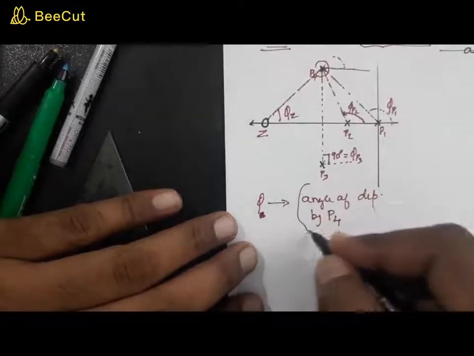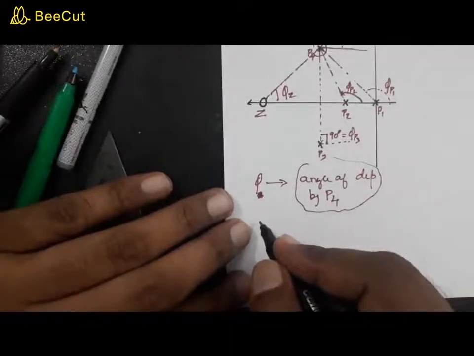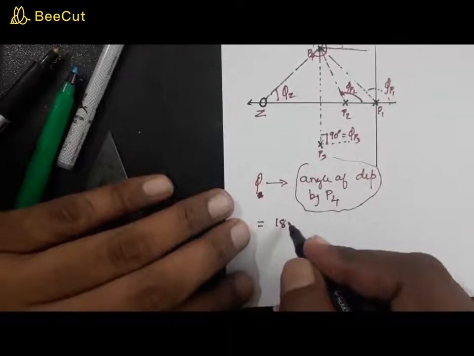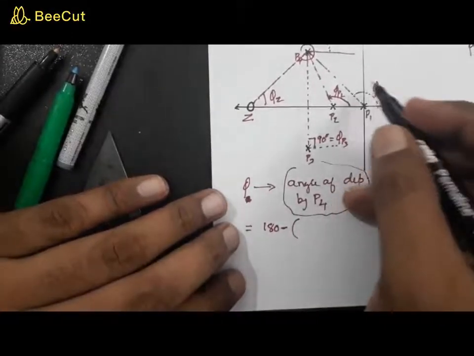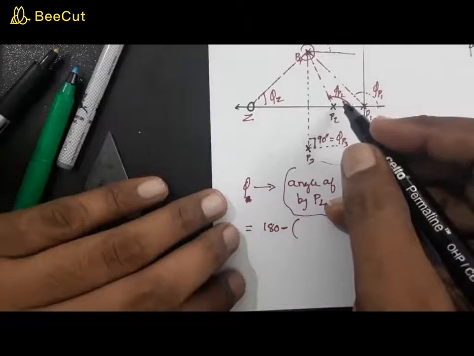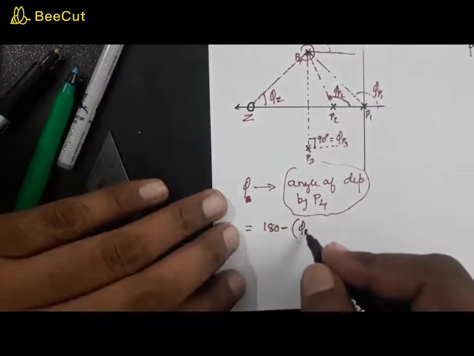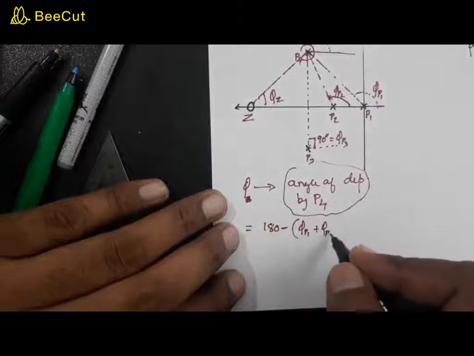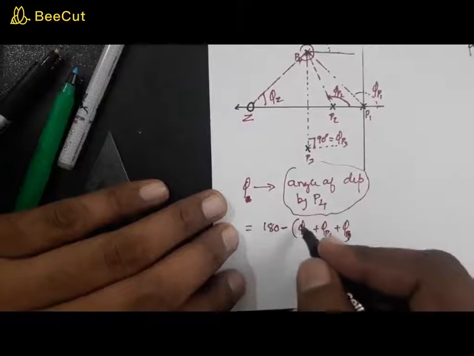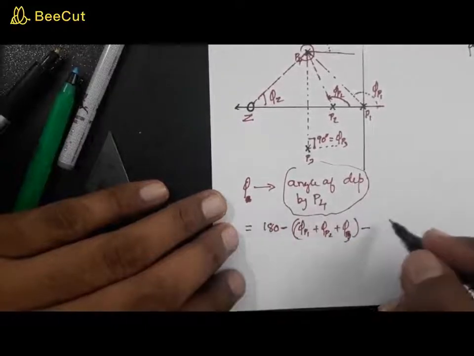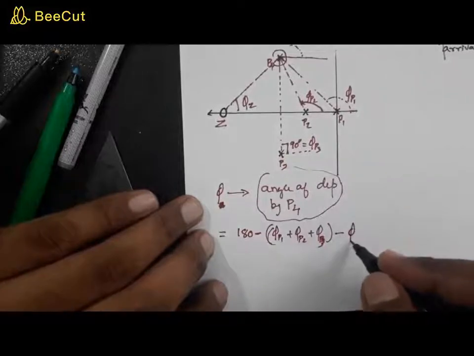You are finding out the angle of departure by P4. Now that is given by 180 minus the sum of the angles subtended by the three poles, that is phi P1 plus phi P2 plus phi P3, minus the sum of the zeros. There is only one zero, so you just need to subtract this phi Z.